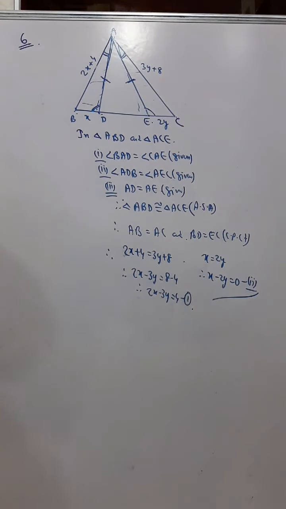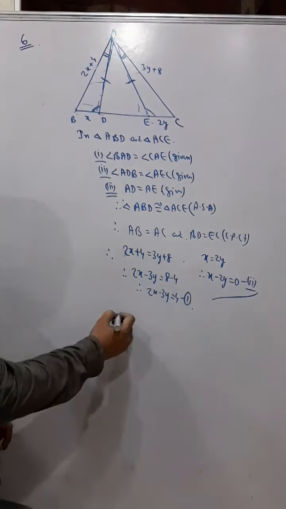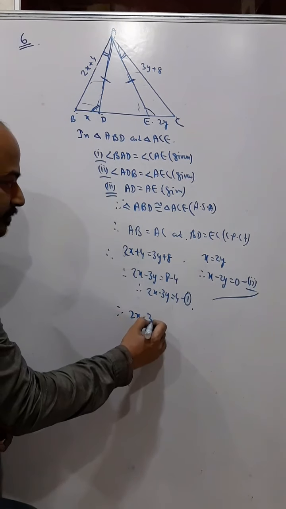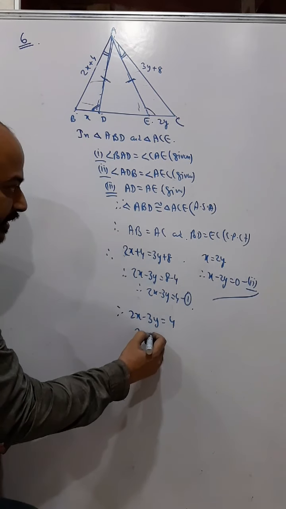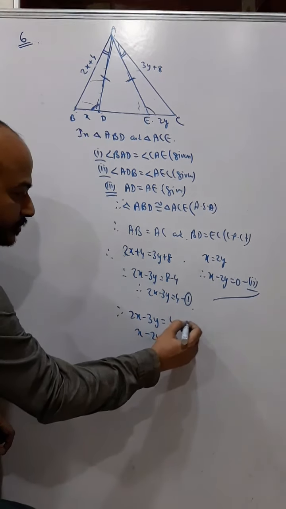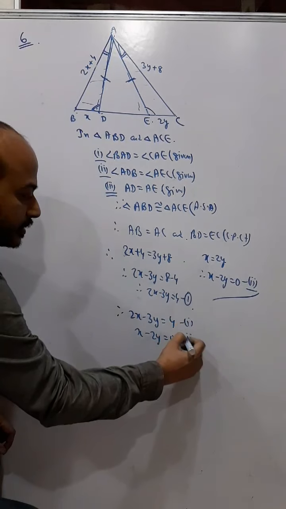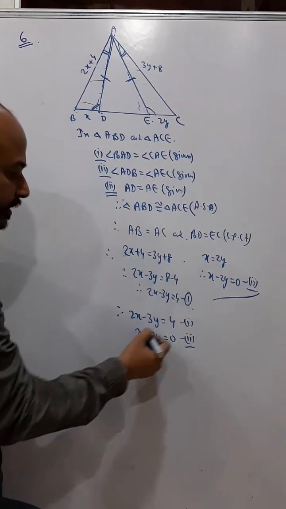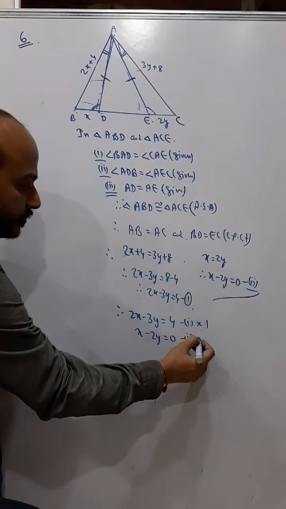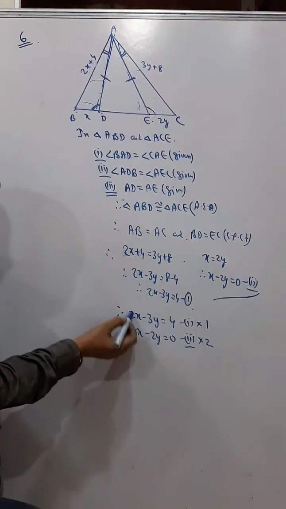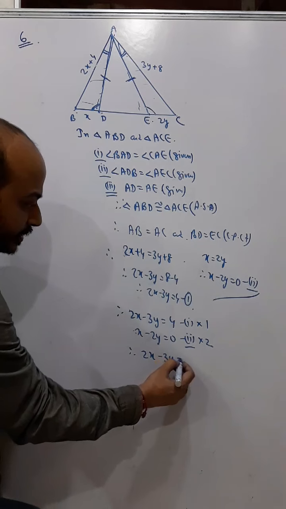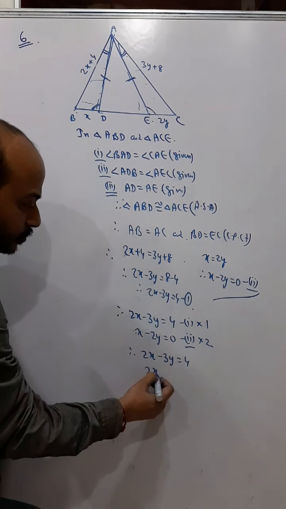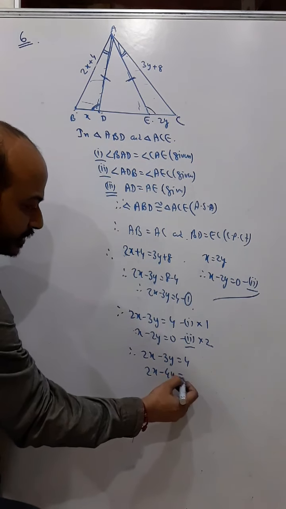Okay, now we can solve the first and second simultaneously, and we will get the value of x. 2x minus 3y is equal to 4, and x minus 2y is equal to 0. So first equation, second. Now we can multiply the first one by 1, and the second one by 2 to make this equal. So what we got? 2x minus 3y is equal to 4, 2x minus 4y is equal to 0.